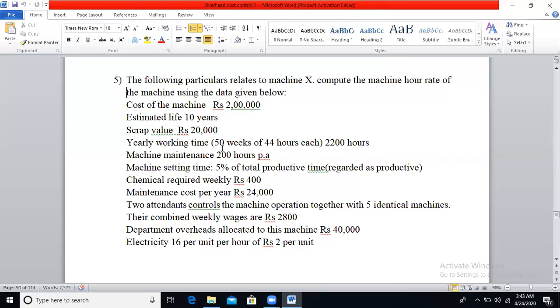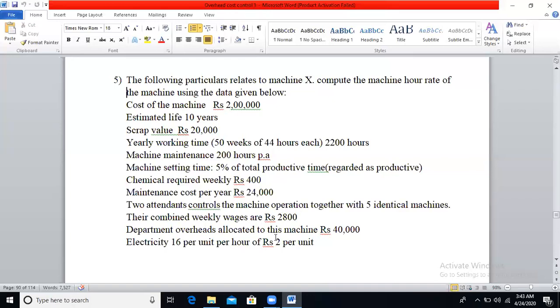Here they have clearly mentioned that for your answer you have to consider 50 weeks. Then for two attendants, combined weekly wages means you have to consider 2,800 into 50 weeks, and divide by 7. For each week you have to calculate the wage of the two attendants.